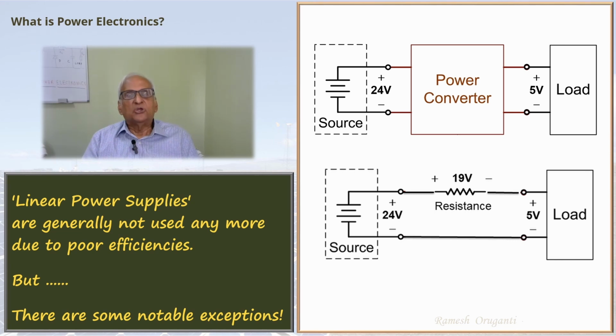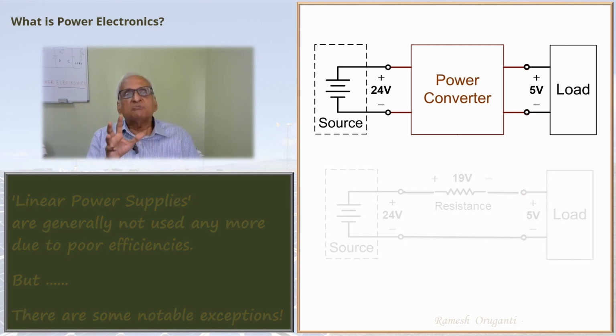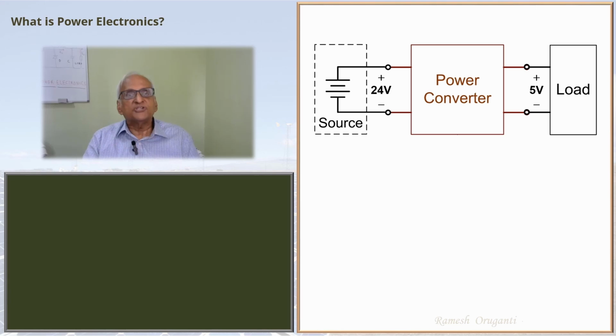Now, in order to make the power converter do its job, to make sure that it develops 5 volts, you need certain additional circuits. These circuits are typically microelectronics based circuits. You can call them auxiliary circuits. This is what I mentioned a bit earlier, that the power converter may be processing power, but you need additional signal electronic circuits.